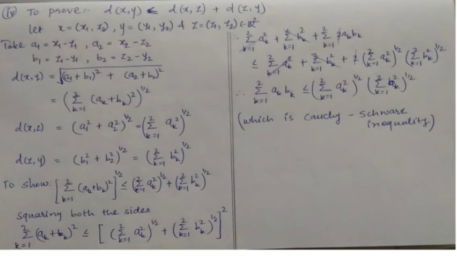The definition is square root of (x1 minus y1)... but see, a1 is equal to x1 minus z1 and b1 is equal to z1 minus y1. So I want x1 minus y1. I can write it as a1 plus b1, because z1 minus z1 cancels and we get x1 minus y1. So instead of x1 minus y1, I can write a1 plus b1.